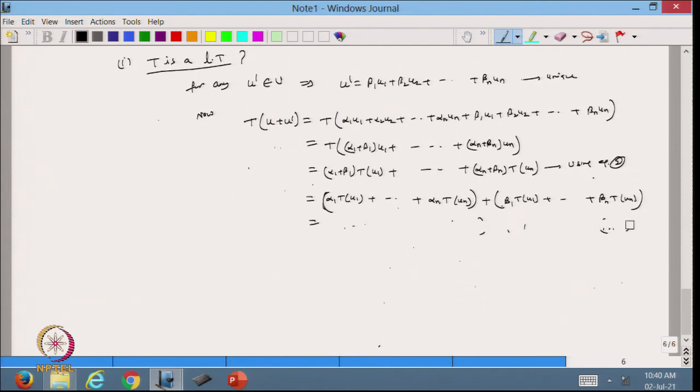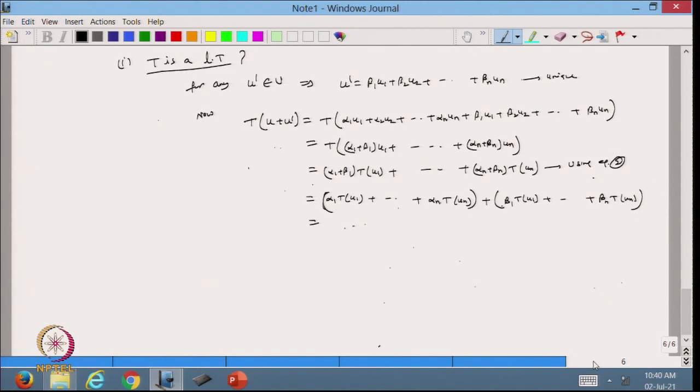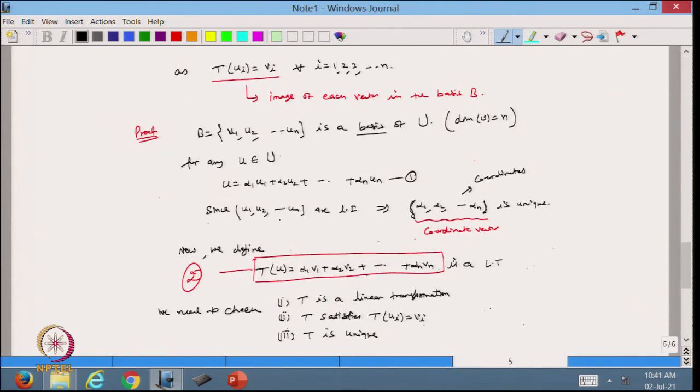After writing this, to show that it is equal to T u plus T v, if you see from here, it is equal to T u plus T v, because I am writing here alpha 1 v 1 plus alpha 2 v 2, some vector is there.